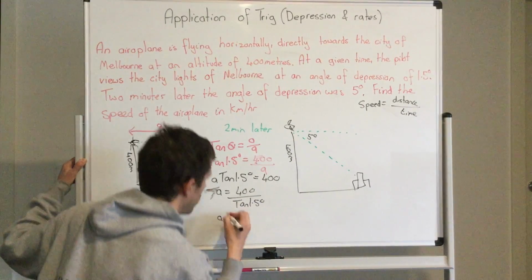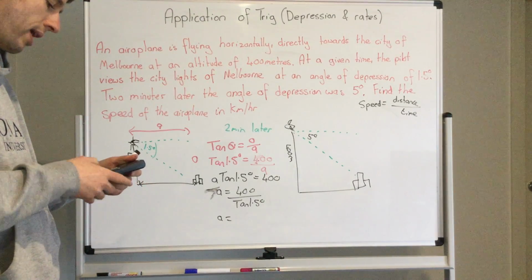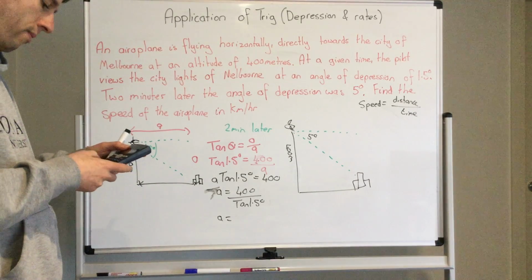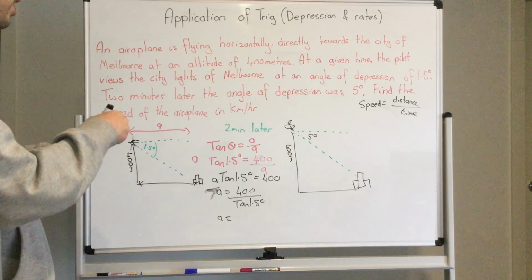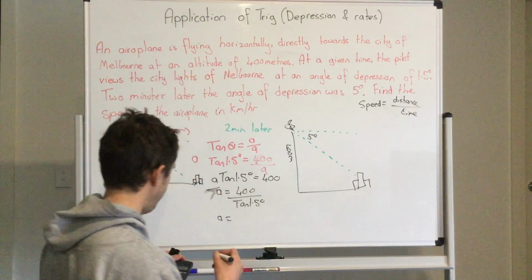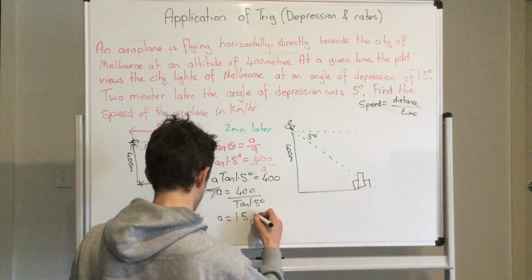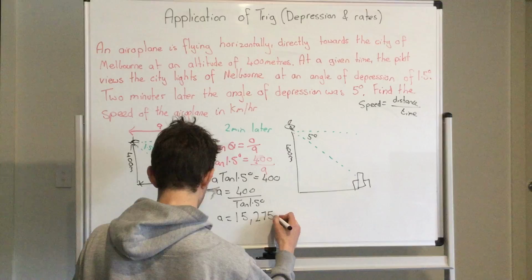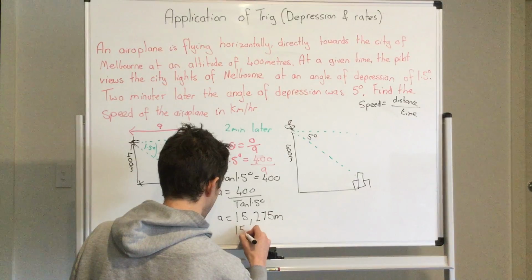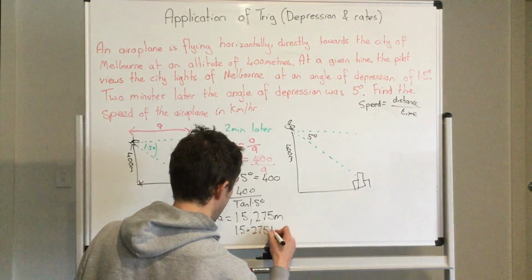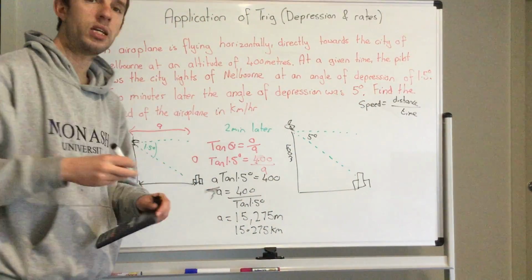A equals 400 divided by tan 1.5 degrees, and that gives us a distance of 15,275 meters, or I can change that to kilometers, 15.275 kilometers. I changed it to kilometers because we are going to be talking about kilometers per hour.